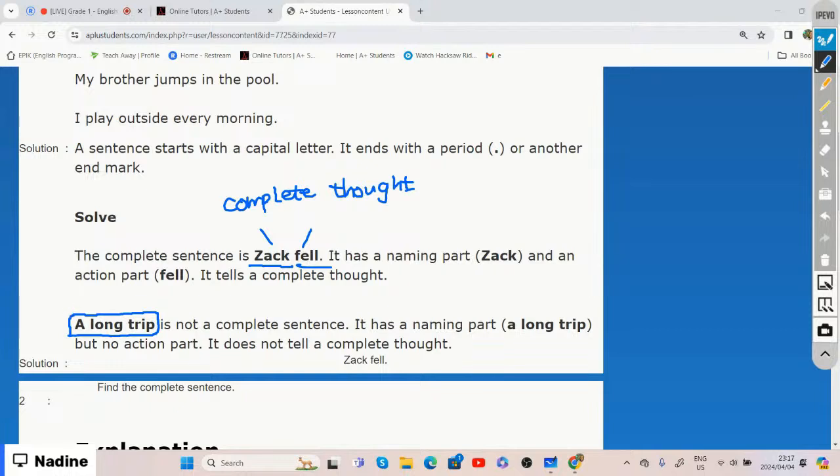Because remember, we said that a complete sentence needs to have both a naming part and an action part in order to say that it's a complete thought. So the correct sentence that shows a complete thought is "Zach fell" because it has a naming part and it has an action part.